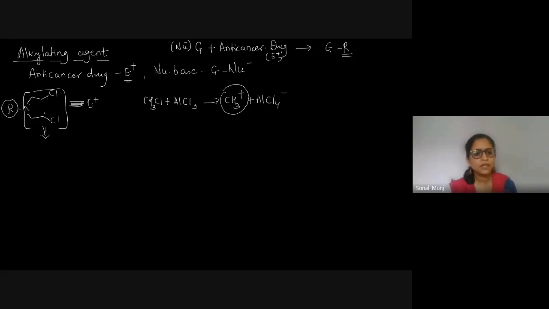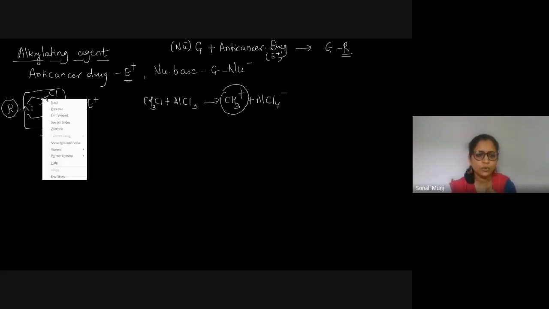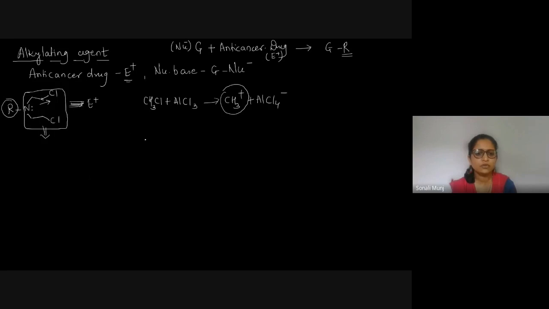Is it possible? Yes, it is very much possible, because nitrogen has a lone pair of electrons, and chlorine, being electronegative, will try to pull that electron cloud towards itself. What will happen when chlorine is pulling the electrons towards itself? Naturally, this particular CH2 unit would be partially delta negative, right? It will be partially delta negative.